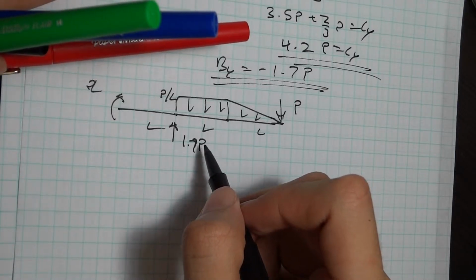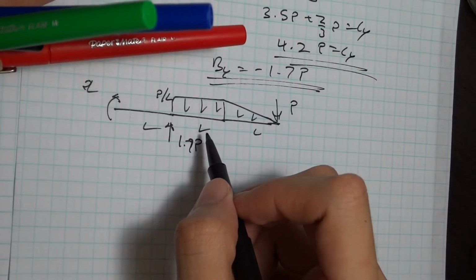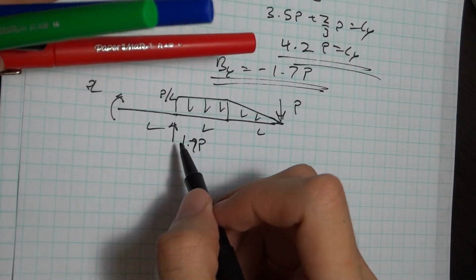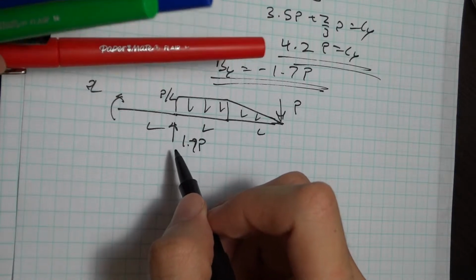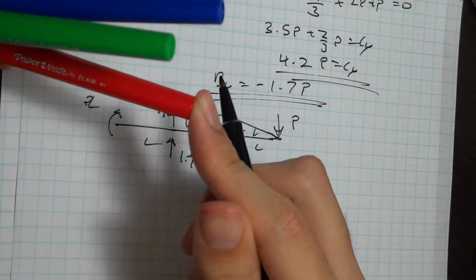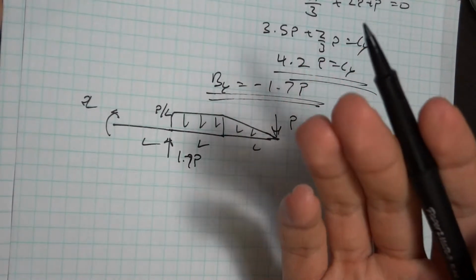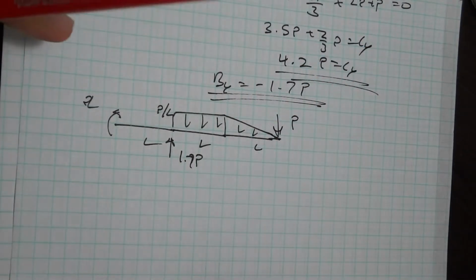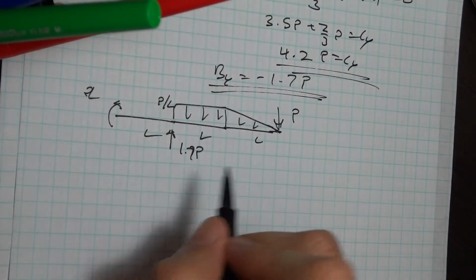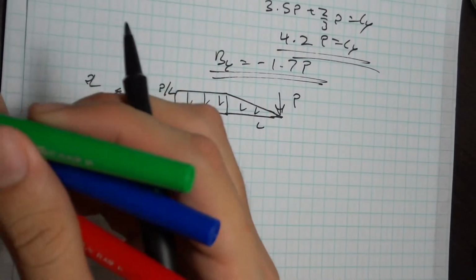Some people will point the arrow this way, and then say that this is negative 1.7. Well, a negative 1.7 force for an arrow pointed this way means that it's holding it down. So more information is not always good. More information is actually usually confusing. Imagine if you had lectures where you only had the information that you needed. You never have lectures that only have the information that you needed, which is why lectures are confusing. So don't give more information than you have to, otherwise you open yourself up for mistakes.